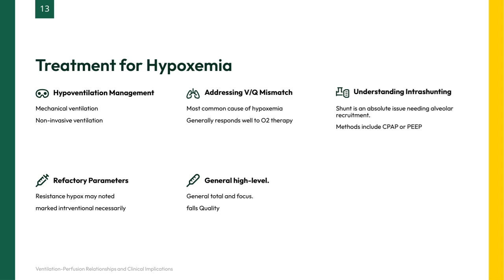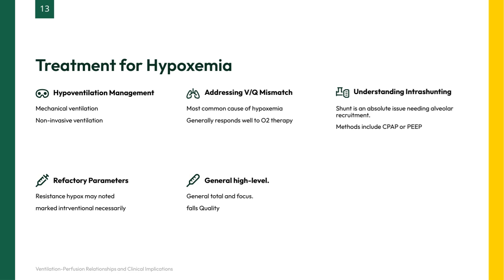This requires alveolar recruitment techniques like CPAP or PEEP to reopen collapsed airways and improve oxygen exchange. In some cases, despite intervention, hypoxemia can be refractory, meaning it resists treatment, often due to severe shunting. Finally, a general high-level approach focuses on improving overall oxygen delivery and lung function, ensuring that oxygen quality and uptake are optimized throughout.